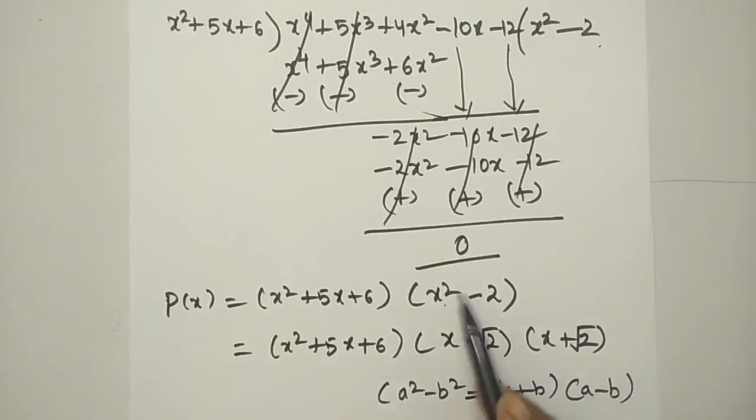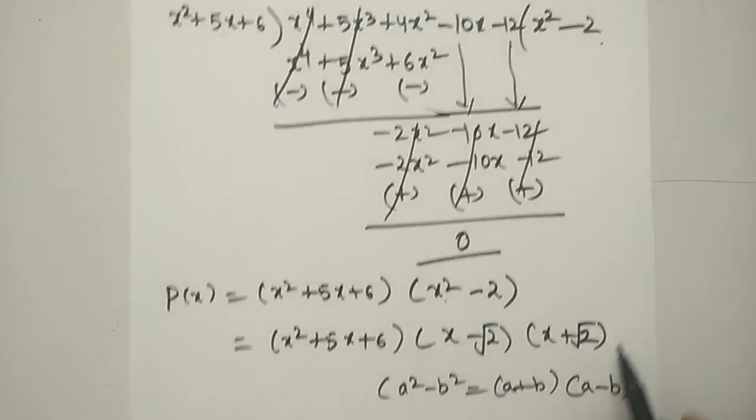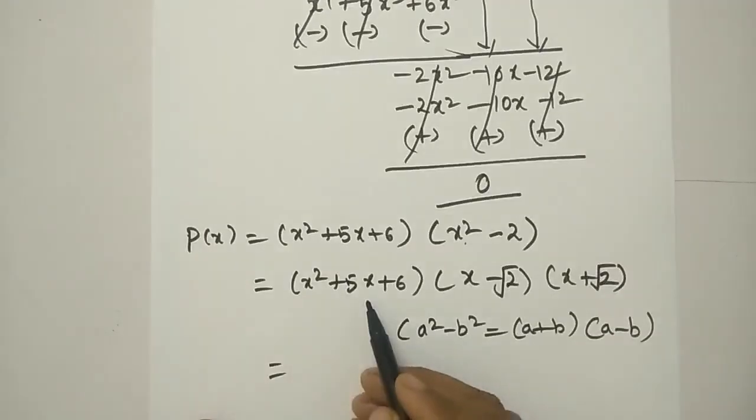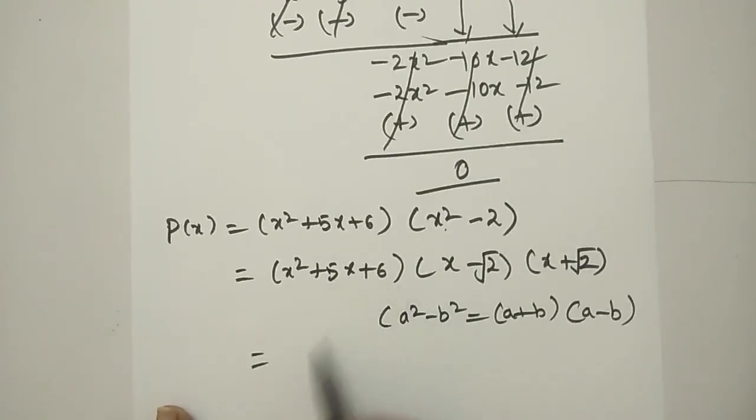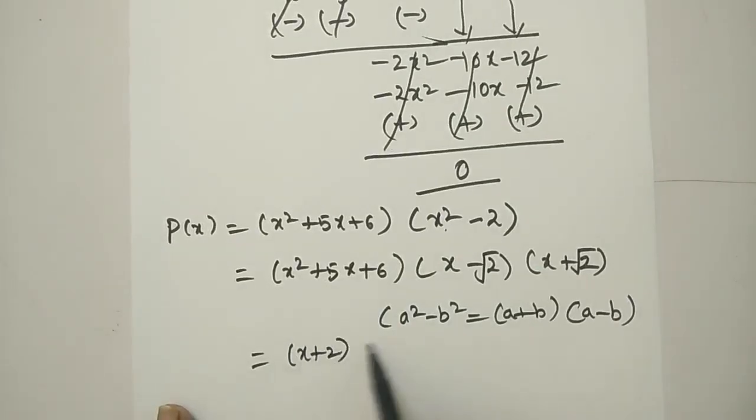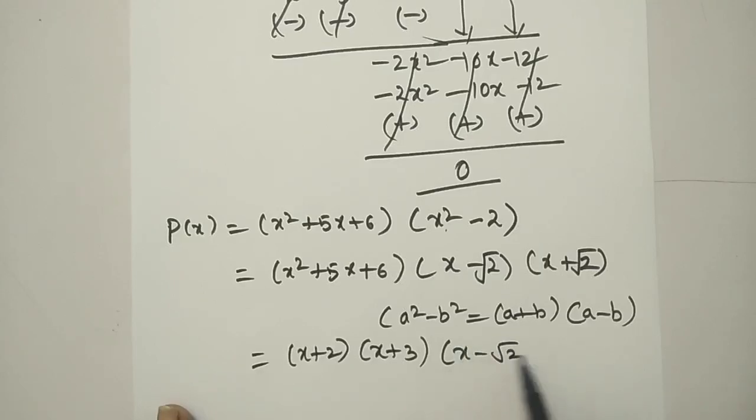Using this algebraic identity, I have written x square minus 2 as x minus square root of 2 into x plus square root of 2. The factors of the quadratic polynomial x square plus 5x plus 6 are x plus 2 into x plus 3. Okay, here x minus square root of 2 into x plus square root of 2.